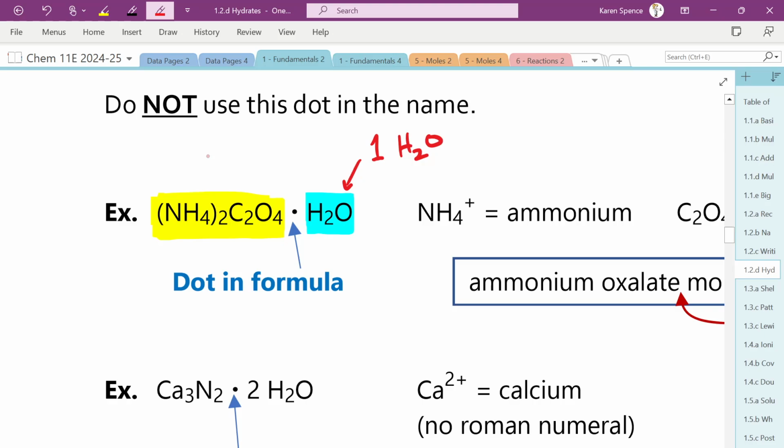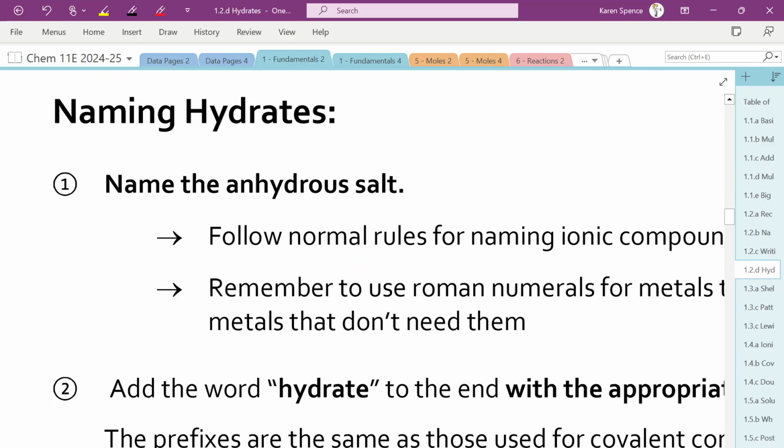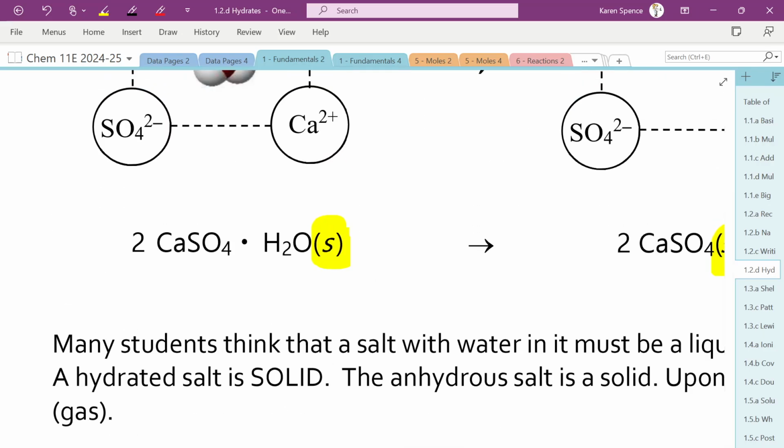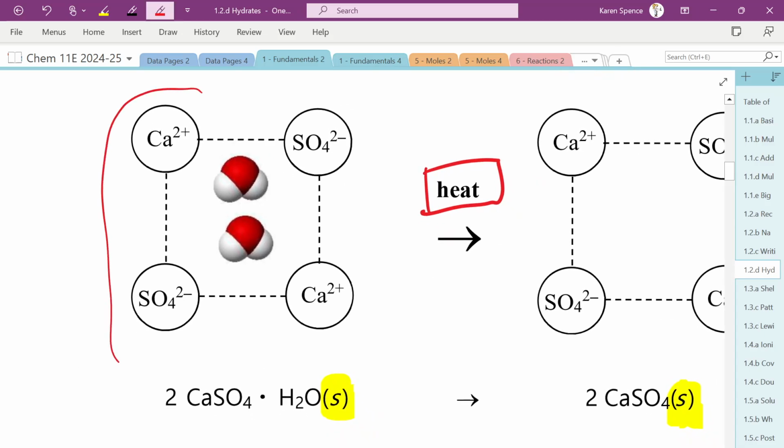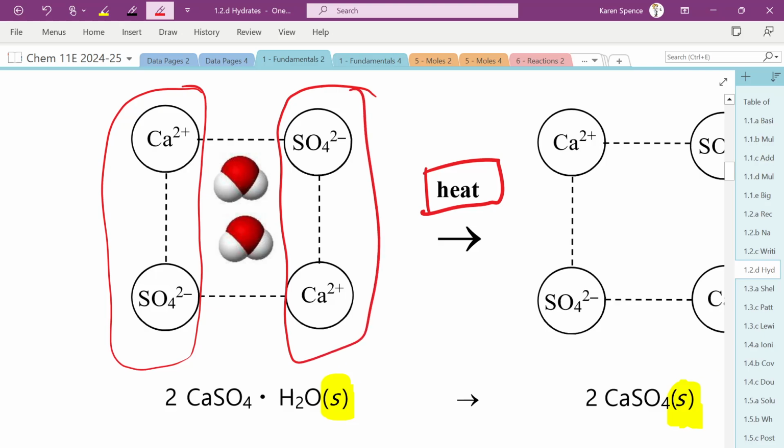So if we actually go back to our little picture, you'll notice that for every one CaSO4, how many waters do we have? I've got 2 CaSO4s. How many waters do I have? I have 2 waters.